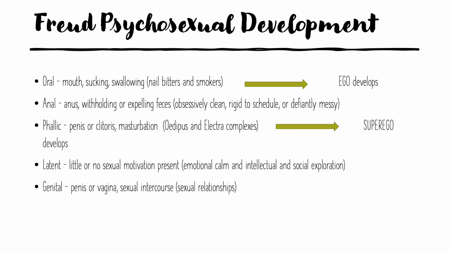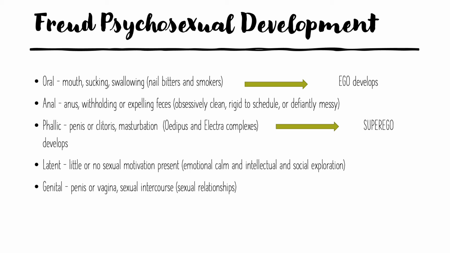And then genital is the final one. It's about the penis or vagina. It is all about sexual intercourse, and the outcomes impact our sexual relationships. Freud emphasized the importance of unconscious thought and feeling and the role our childhood experiences play in forming our personalities, as well as how we see ourselves and the world around us and everybody else that we interact with.